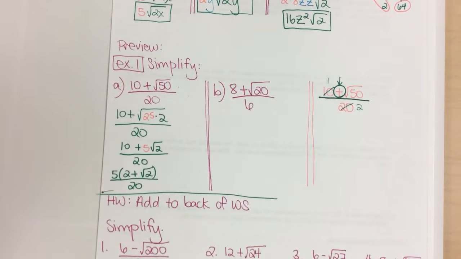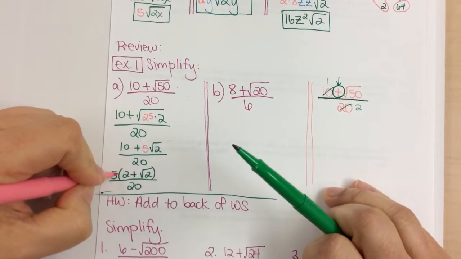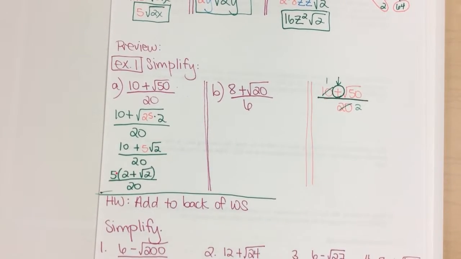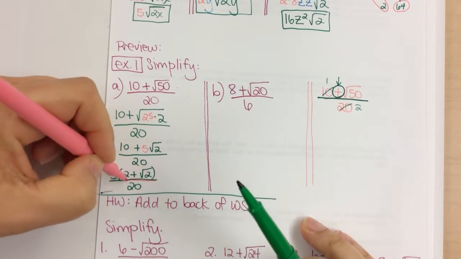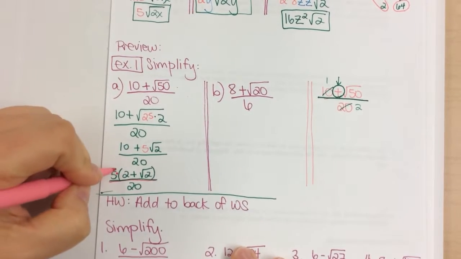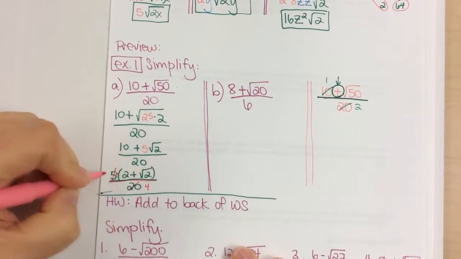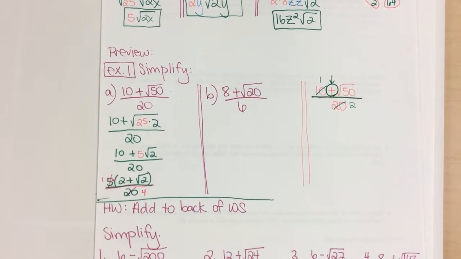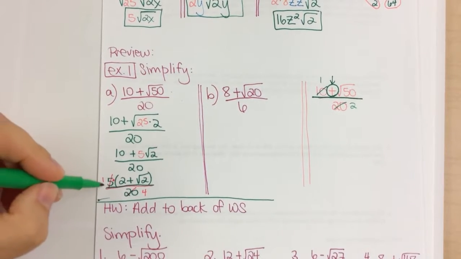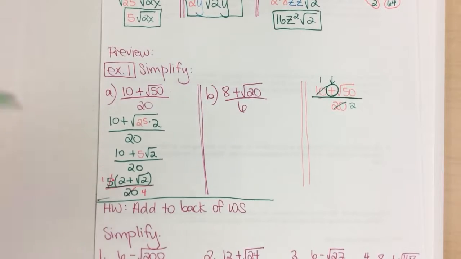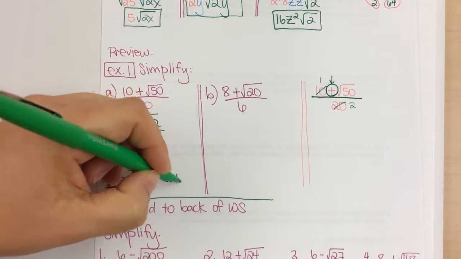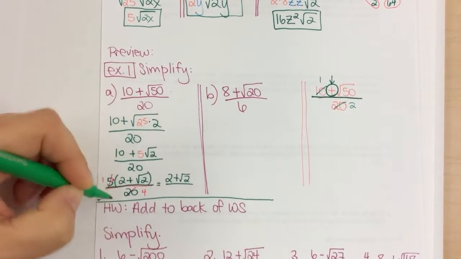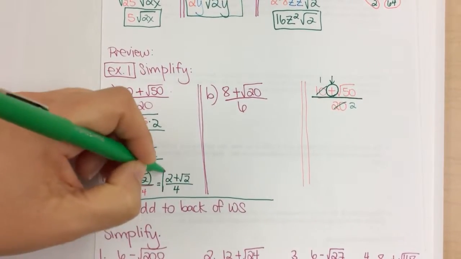Now, how is that 5 attached to that parenthesis? Multiplication and division undo each other, so I can reduce the 5 and the 20 to 1 and 4. So on top, I'm not going to write that 1, right? That's a waste of ink. So I have 2 plus rad 2 over, the bottom became 4, and I'm done.